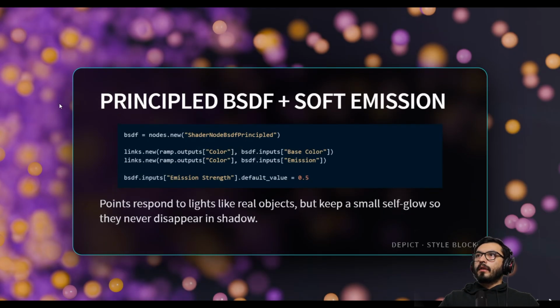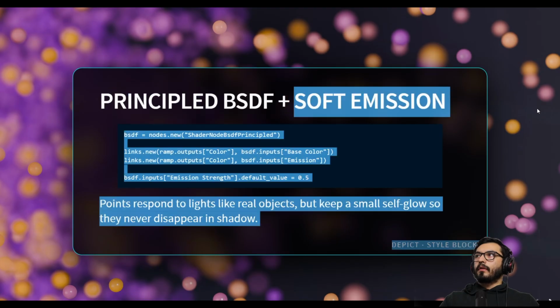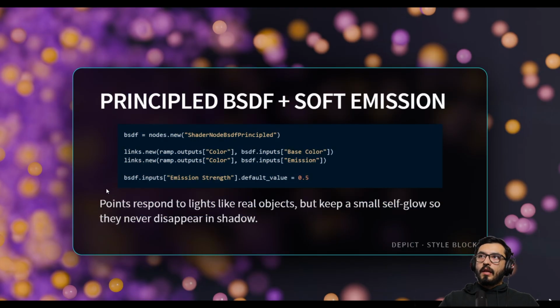Next, we will need to create a principled BSDF and soft emission for the axis and this glowing blue color that we have on the ticks and the axis. For this, we create, we call it BSDF, a new node, the shader node BSDF principled. Then we link the outputs for the color. Sorry, this is still the material for the points, for the spheres of the chart, so the points that we are plotting.